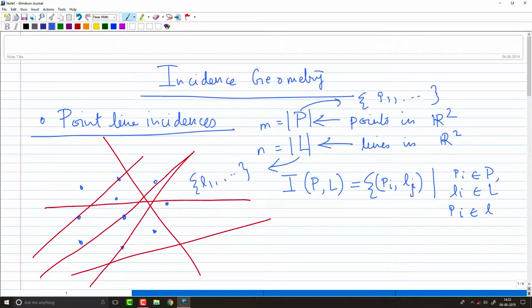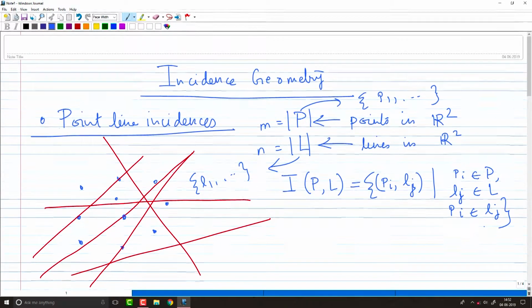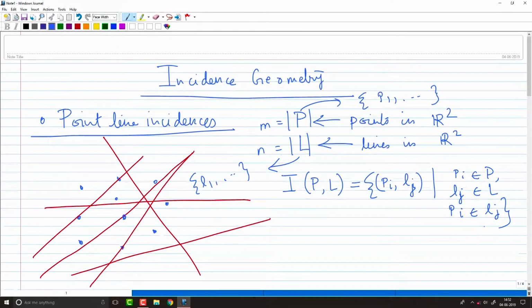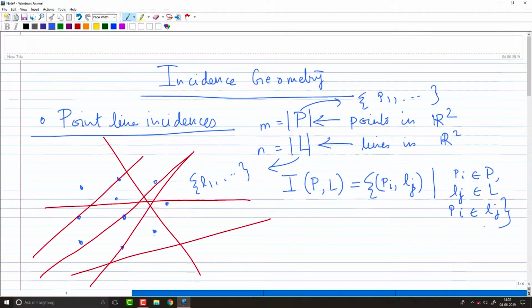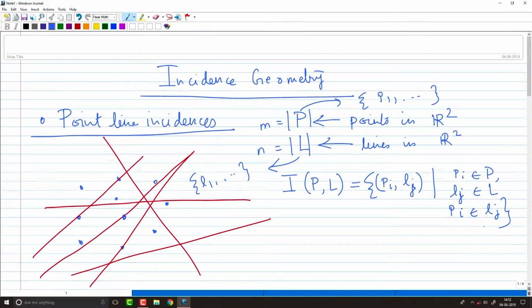Let us say call it p j, l j, p j lies on l j. So I am counting tuples of points and lines such that the point lies on the line. I am not considering all lines, I am restricting myself to lines in the set L and points to points in the set P.